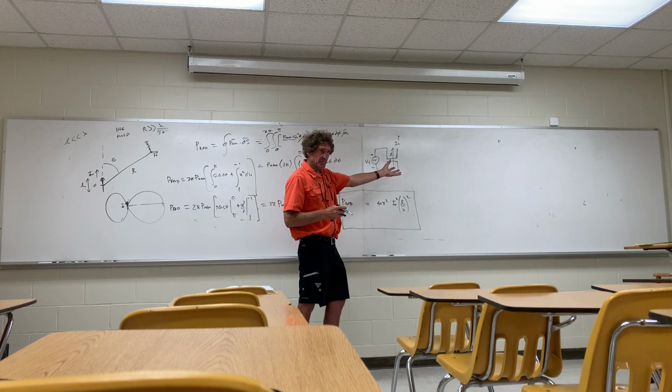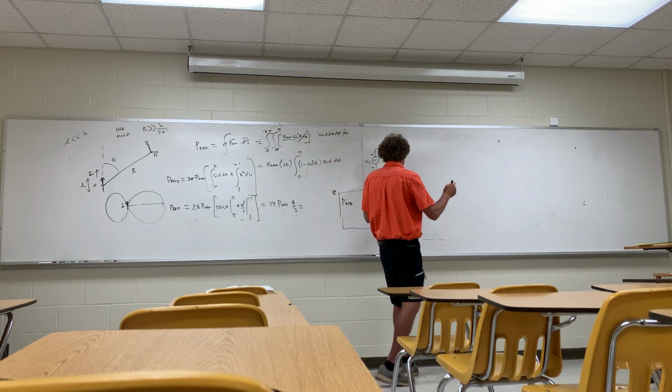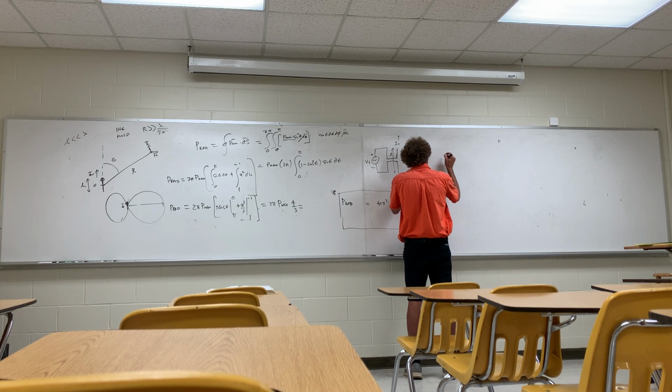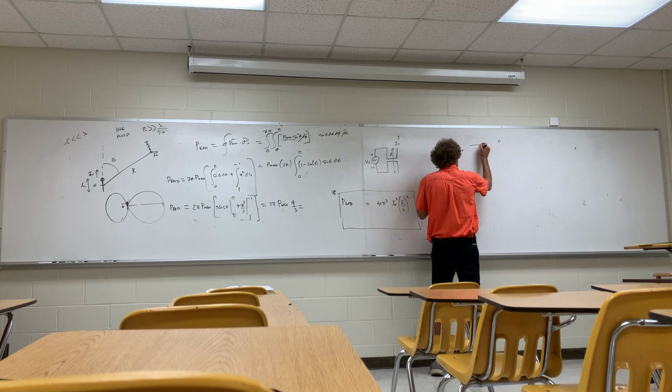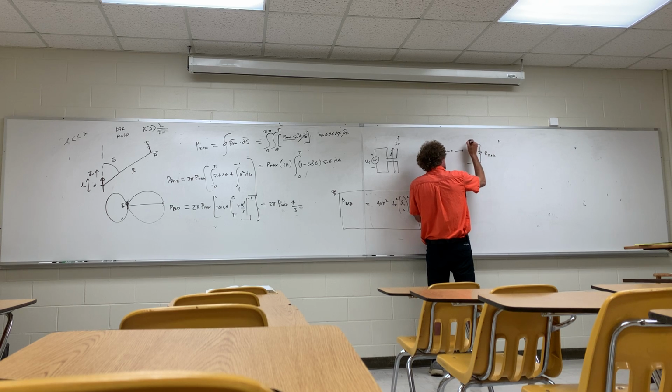It's not localized energy that collapses back onto it, like around an inductor or capacitor. Because it radiates power, the way we model this is we say that the antenna itself can be approximated by a radiation resistance. So the antenna will look like some resistor, R, and they call it R rad, and this is actually pretty legit.